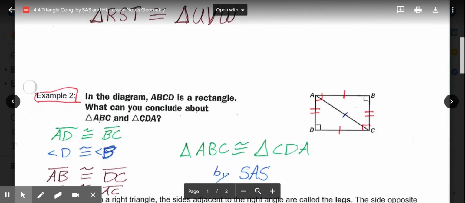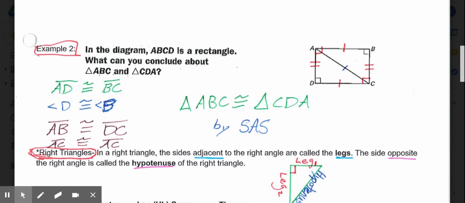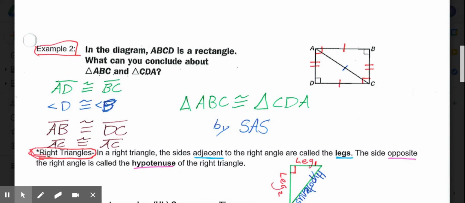Now, if we move to example 2, they tell us in this diagram ABCD is a rectangle. They're asking what we can conclude about triangle ABC and triangle CDA. First off, the term rectangle tells me quite a few things. The definition of a rectangle is that opposite sides are parallel and congruent to each other, and that all the corners, or all the vertices, are right angles.